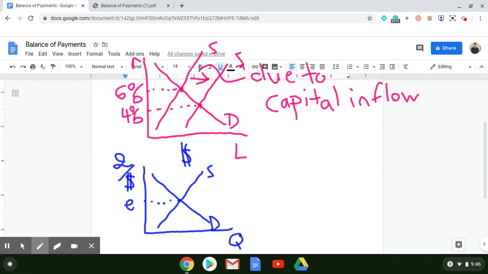As foreign investors come to the United States with this capital inflow, they can't use pounds in the United States. They're going to have to use dollars. So they're going to exchange their pounds for dollars. This will increase the demand for the country's currency, the dollar, and the exchange rate will increase. So the dollar will appreciate, since this is floating.